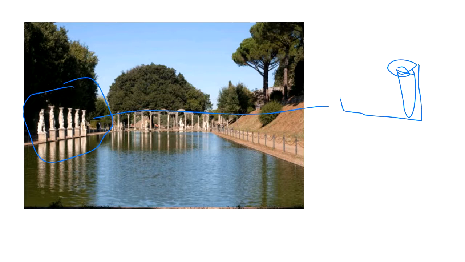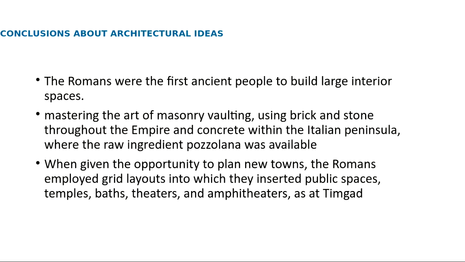And so again, we go back to the idea of understanding what Romans were doing, and that brings us to our conclusion that the Romans were the first people to really build large interior spaces, due to the art of masonry and vaulting, brick, stone, and their new material, concrete.